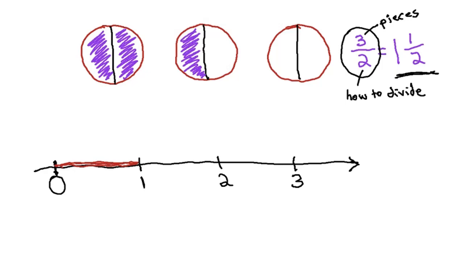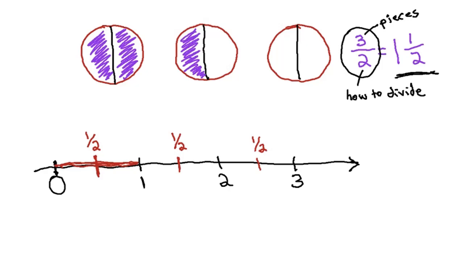We're going to divide that entire section into halves. So here's a half. And then in between the 1 and the 2, we're going to divide that section into halves. So this is the halfway mark between the 1 and the 2. And I'll just do that between the 2 and the 3 so it stays the same.